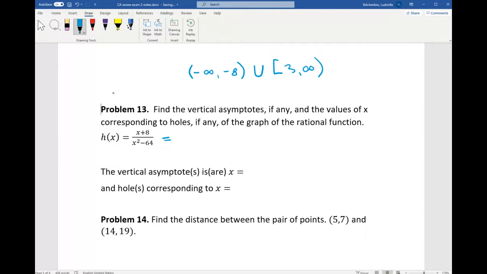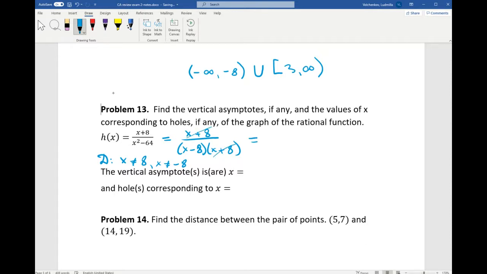We can factor the denominator: x plus 8 divided by x minus 8 times x plus 8, since x squared minus 64 is a difference of squares. The domain of the function is x not equal to 8, x not equal to negative 8.